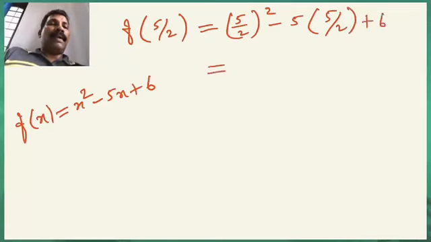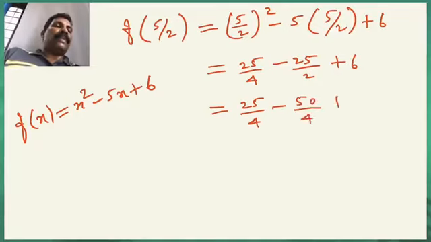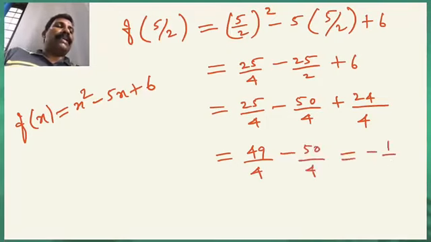That is equal to 25 by 4 minus 25 by 2 plus 6. That we have to simplify. That is 25 by 4 minus 50 by 4 plus 24 by 4, which is equal to 49 by 4 minus 50 by 4, that is equal to negative 1 by 4.